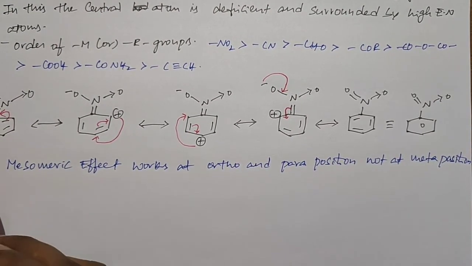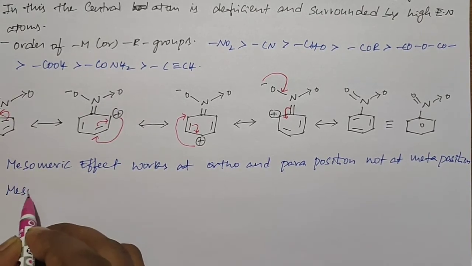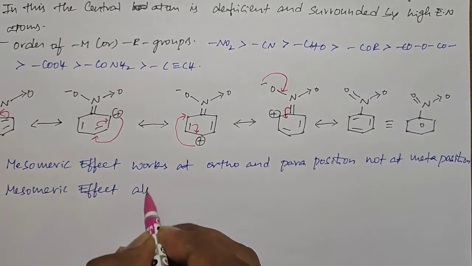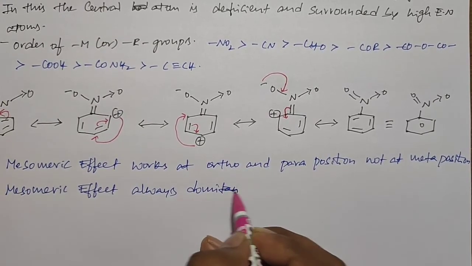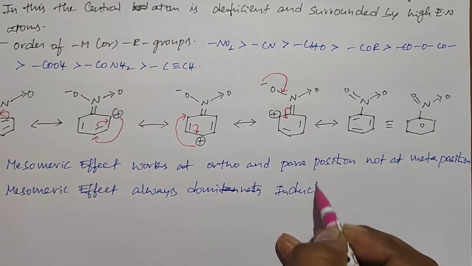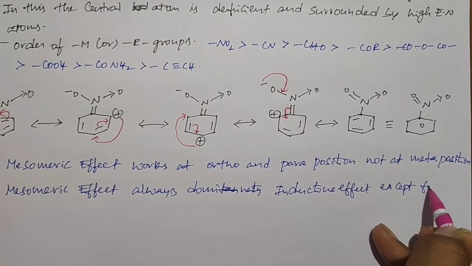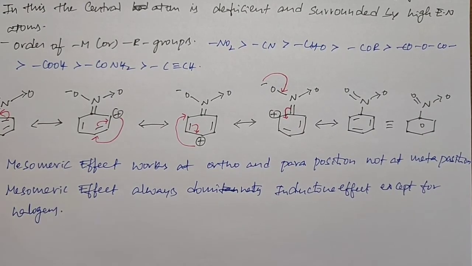The next point is that the mesomeric effect always dominates the inductive effect, except for halogens. And some groups work as both plus M groups and minus M groups.